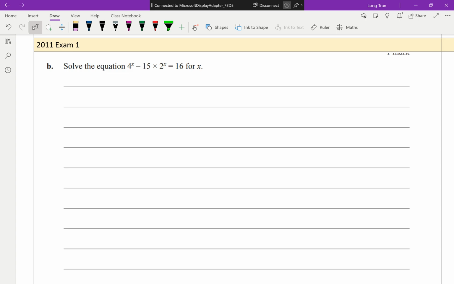If you can have a go with this one, it's the same thing when you do logs. So there's a log version. I just haven't taught you logs yet, so I can't show it to you. But once you know logarithms, they do exactly the same, but with logs.